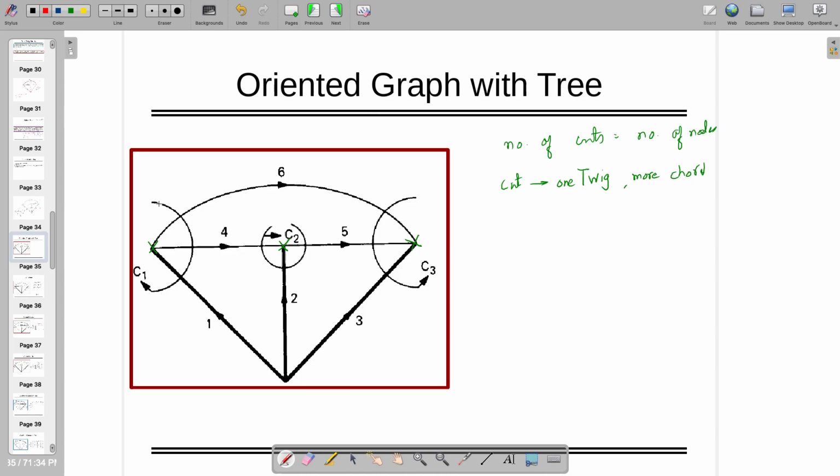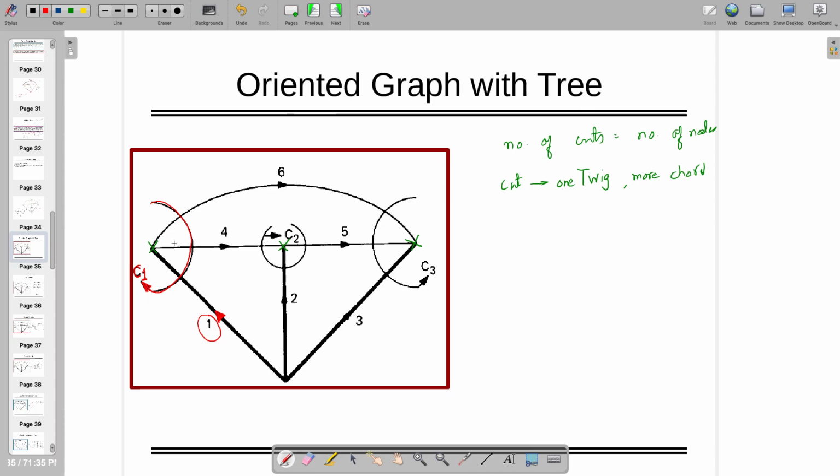So if I want to make a cut for this first twig, which is going to have the same name as the twig name, I am going to call it C1, right? So C for cut, and the cut on the second twig we are going to call C2. You can see this direction is this side, so this will also be this side.